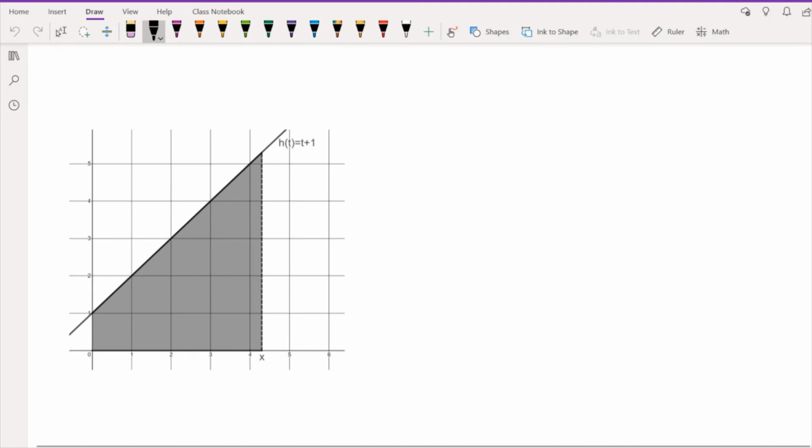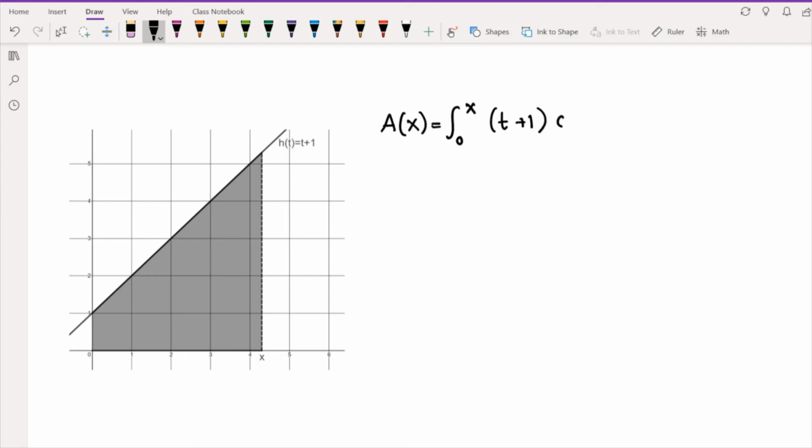So in this case, the area function is a of x is equal to the integral from 0 to x of t plus 1 dt. So this one's going to be a little trickier just in terms of the geometry, but I want to evaluate again a of 1 and a of 2, and then after we do those, we'll see if we can come up with a general formula for a of x.